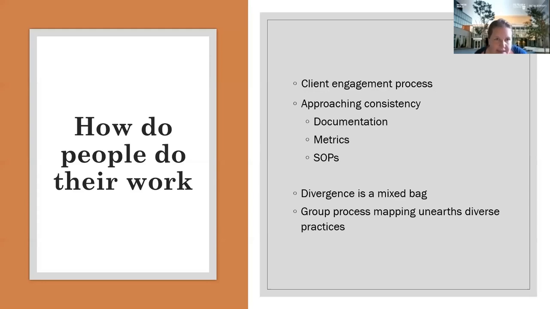So for instance, standard operating procedures in a juvenile justice context are built around the quote unquote typical youth that is coming in. A really good juvenile probation officer may have a sense that the standard process doesn't make sense for a particular youth, and they want to take a new approach within strong frameworks and structures for standard operating procedures, metrics, documentation.